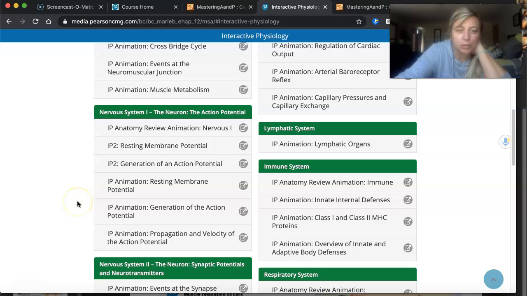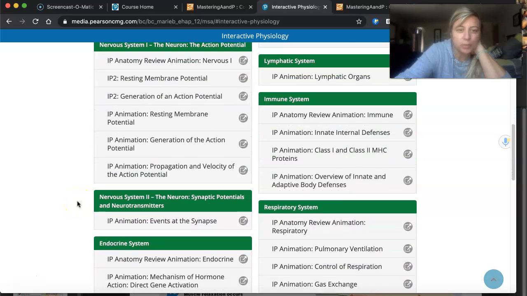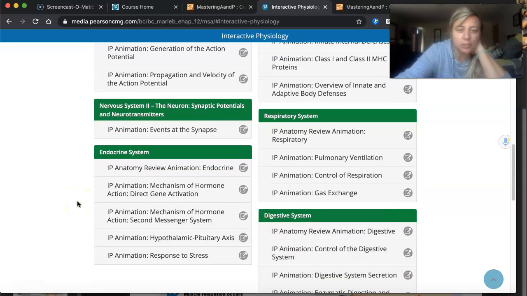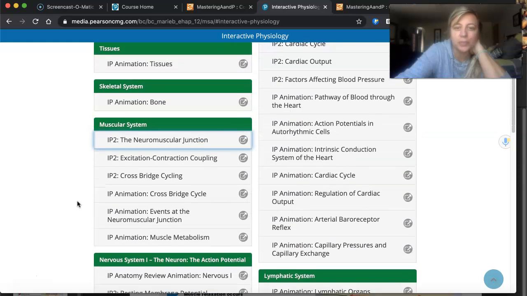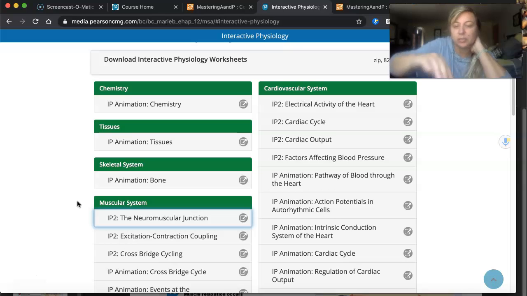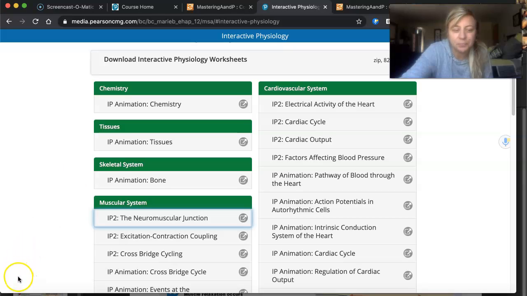There are several about the nervous system, both the neuron and the synapses. There are some about the endocrine system, digestion, respiration, and the immune system. The cardiovascular system has a lot of them. For these more complex physiology topics, I encourage you to check those out because they would probably be helpful to you as you're learning the physiology.